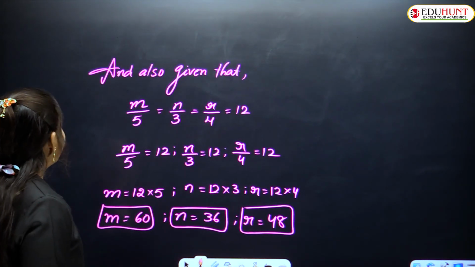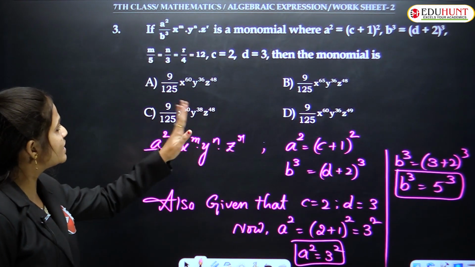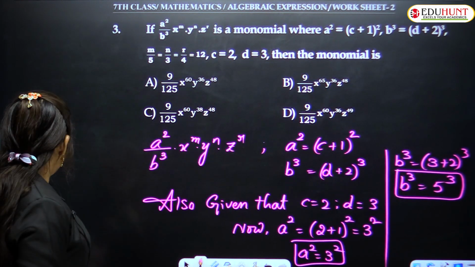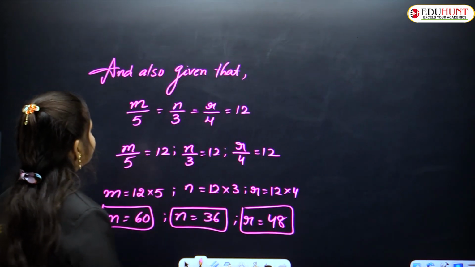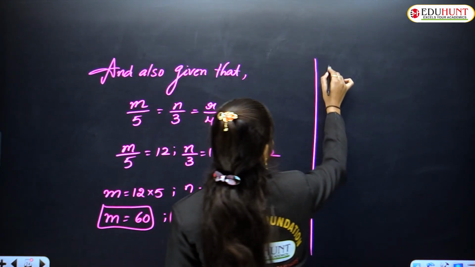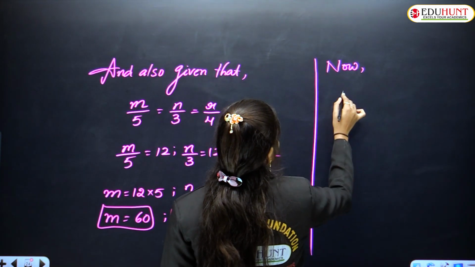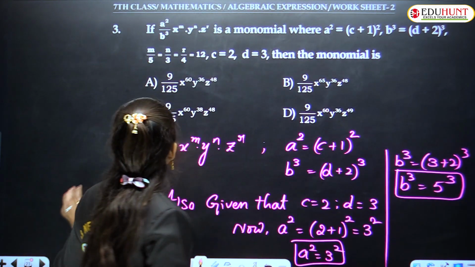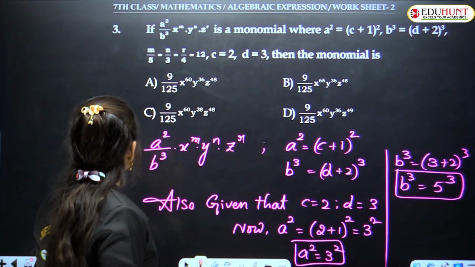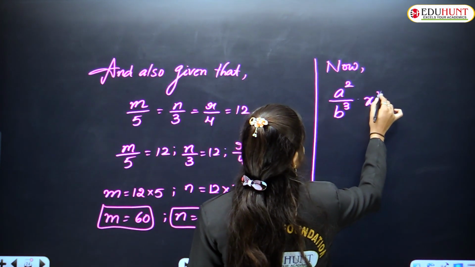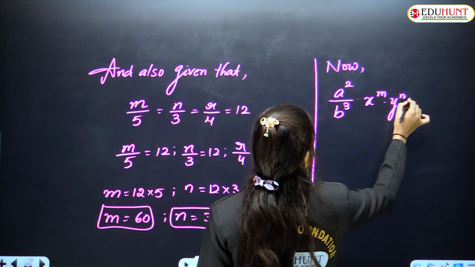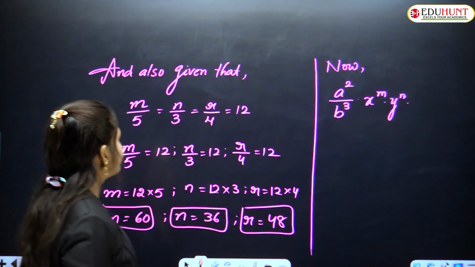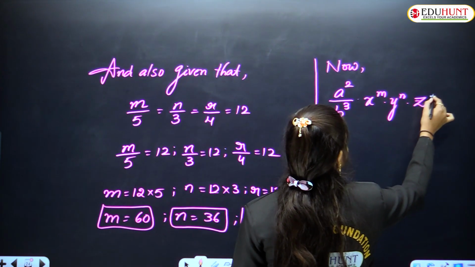Now all the values are substituted, and what we have to simplify is a square by b cube into x power m into y power n into z power r.